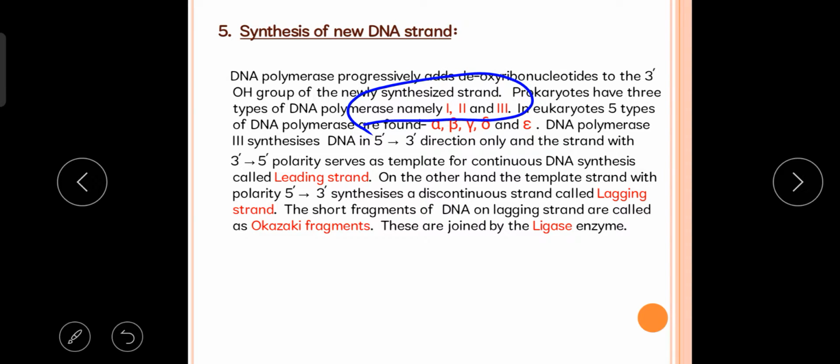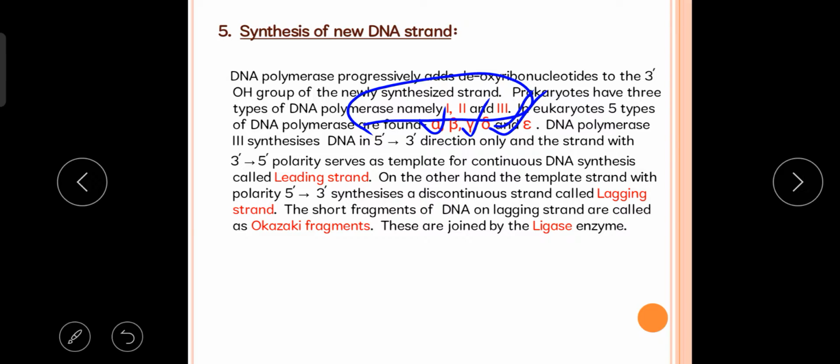Remember, in prokaryotes DNA polymerase 3 polymerizes the nucleotide sequences to produce the new DNA strand, DNA polymerase 1 removes the RNA primer, DNA polymerase 2 functions as the repair enzyme, and DNA polymerase 3 is the main enzyme which adds the deoxyribonucleotide triphosphates one by one to the 3 prime end of the new DNA.